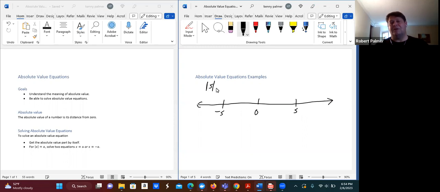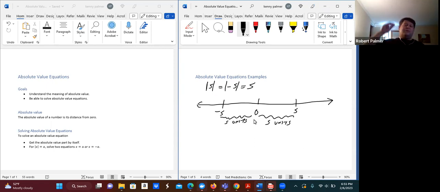That is the distance of 5 from 0, which is 5 units. In the same way, think about -5: its distance from 0 is also 5 units. So the absolute value of 5 is the same as the absolute value of -5, which is just 5. It's 5 units from 0.